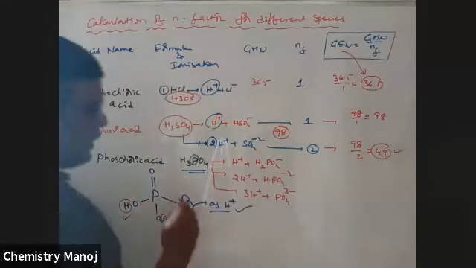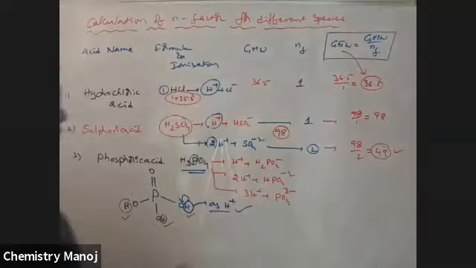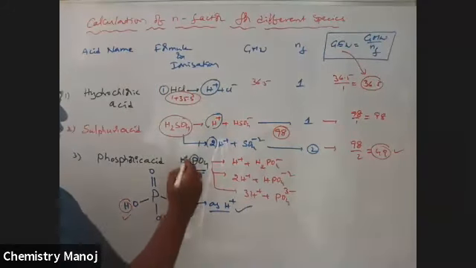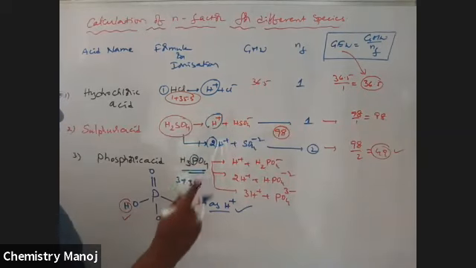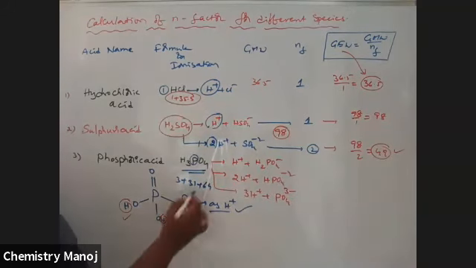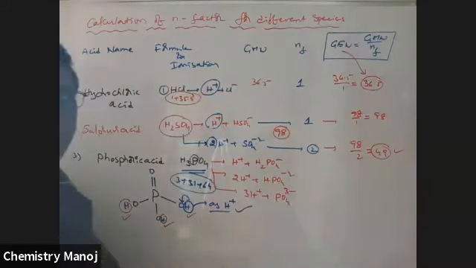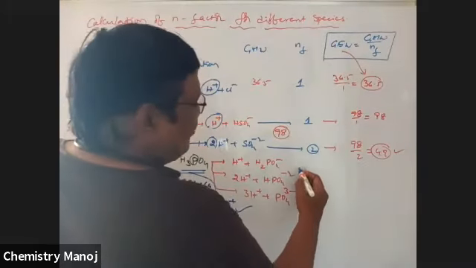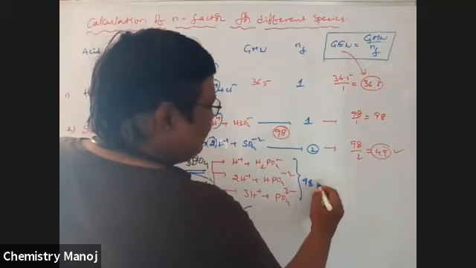Now, how much is the molecular weight of H3PO4? Hydrogen 1, 3 hydrogens 3, plus phosphorus 31, plus oxygen 16 each, 4 oxygens is 64. Altogether it is 98. So molecular weight is 98. Gram molecular weight is 98.